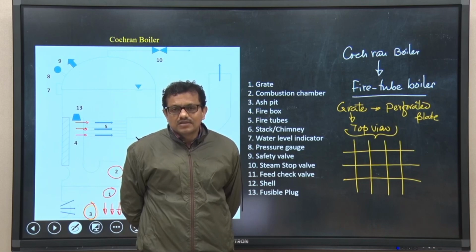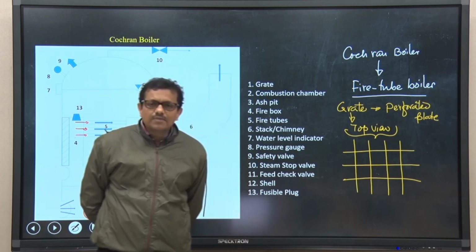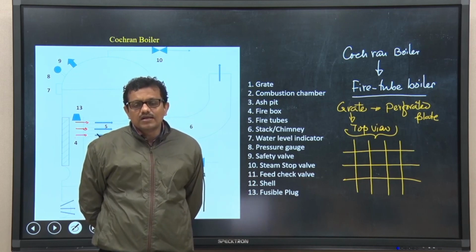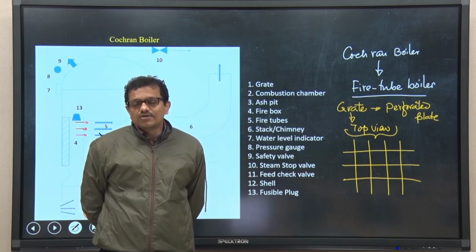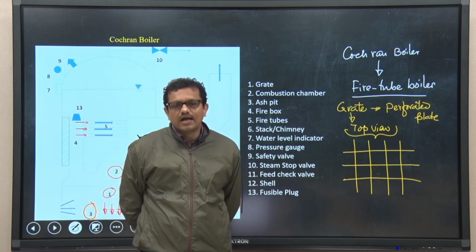That means the steam we are going to get from the boiler will be at high pressure. If we need high pressure steam from a Cochran boiler, then the shell diameter will be very high, together with the thickness of the shell.